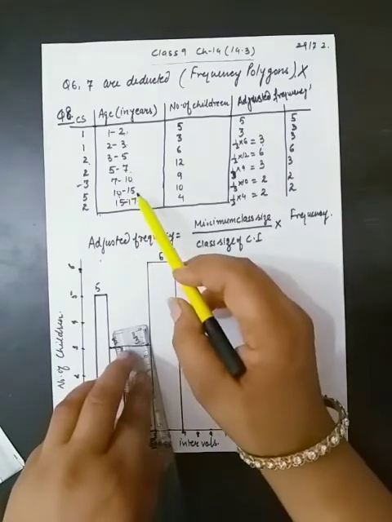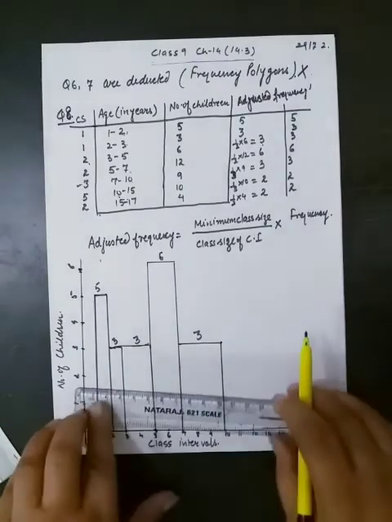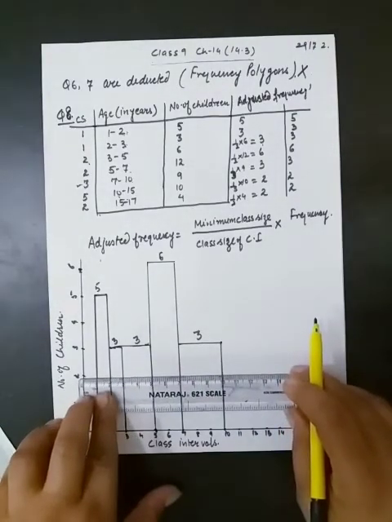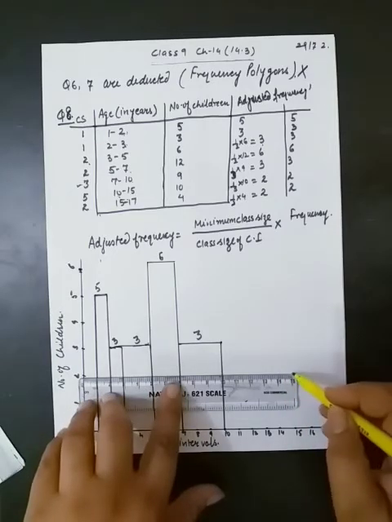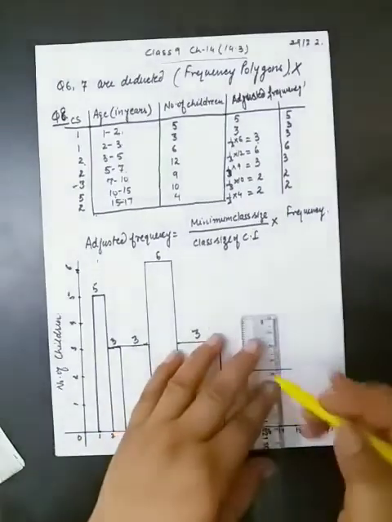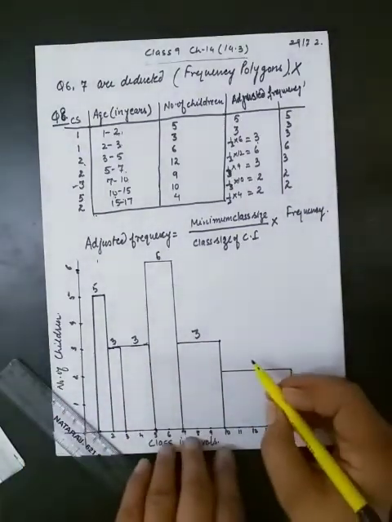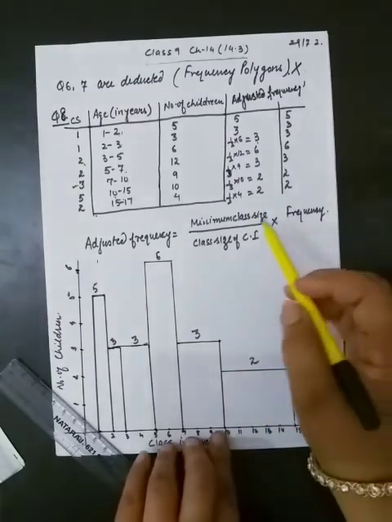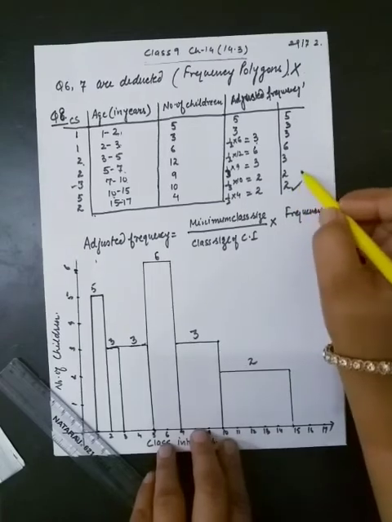And next interval is 10 to 15. Class size is 5 and frequency is 2. Now it will be like this and frequency is 2. And for the last interval 15 to 17, again the frequency is 2.